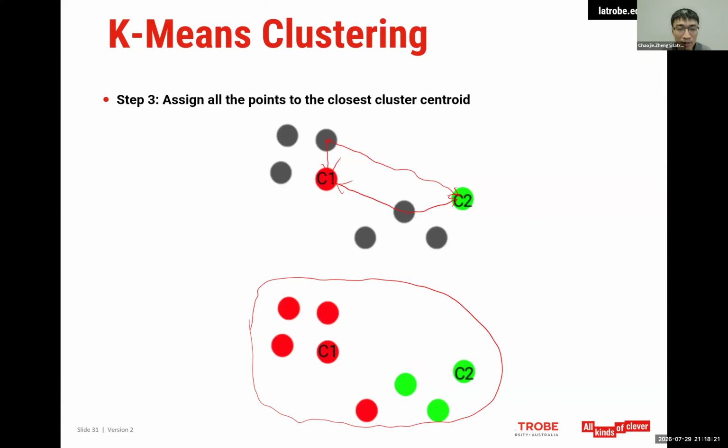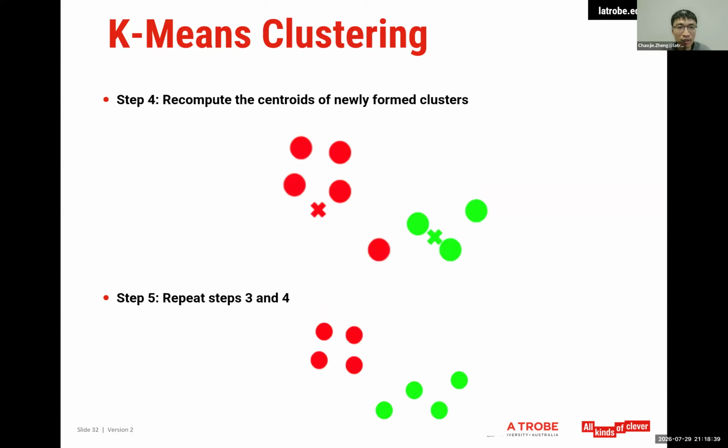So this would be the assignment result. Now we can see that all the data points have been clustered into either the red cluster or the green cluster. Because we now have more data points belonging to each cluster, the location of the centroid needs to be updated, right?